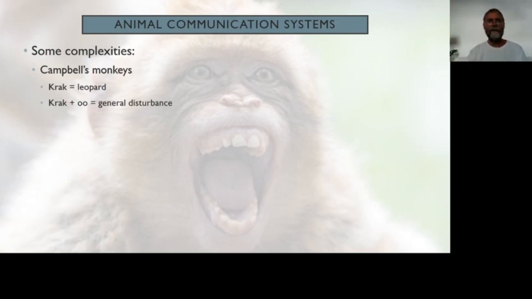Furthermore, you can add another instance of crack to this, and you get crack, crackoo. And that then means that there's a leopard nearby. So you can see here that what's going on is that we are taking elements and we're adding elements to form expressions which differ from each other. Okay, they have distinct meanings and therefore are different expressions. This is another way in which you can find combinations of elements within animal communication systems.